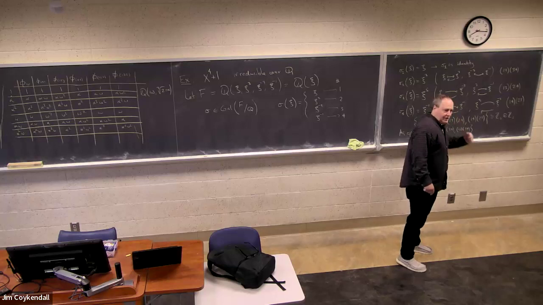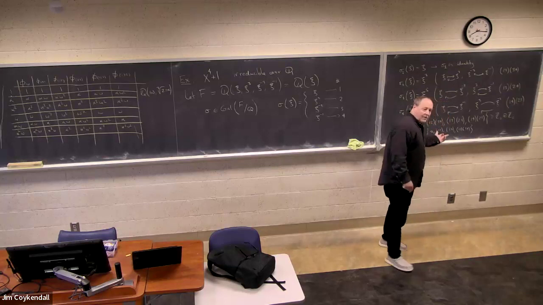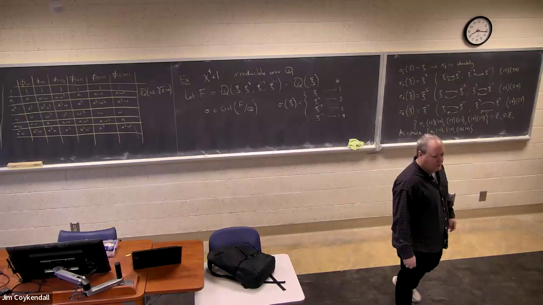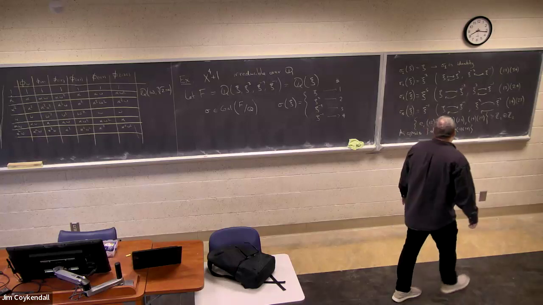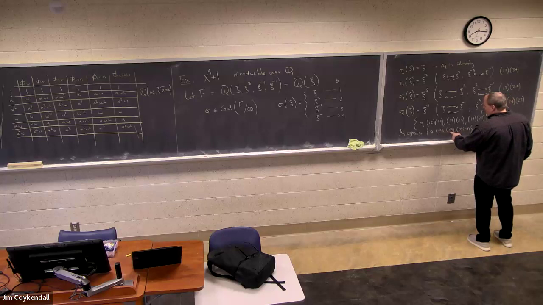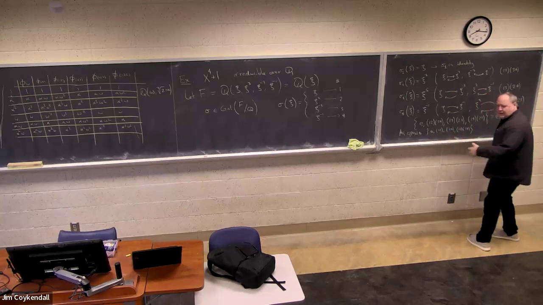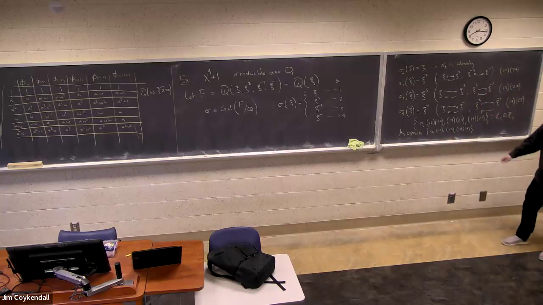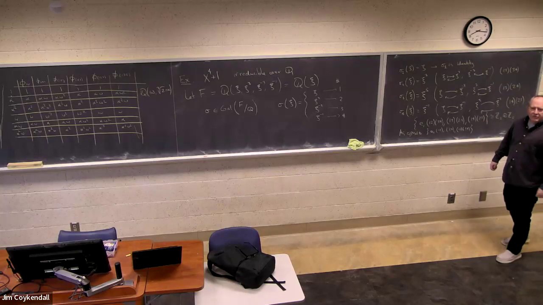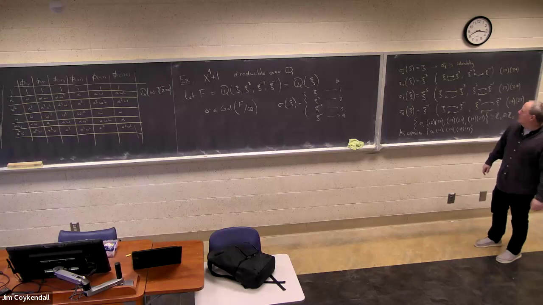It is intransitive. Most of the subgroups of S4 that are isomorphic to Z2 x Z2 are intransitive, right? You can do 1, 2, 3, 4. You can do 1, 3, 2, 4. You do 1, 4, 2, 3. You all get these subgroups, right? This is the only one that's transitive. And the reason for this, we're going to see. This is a takeaway.